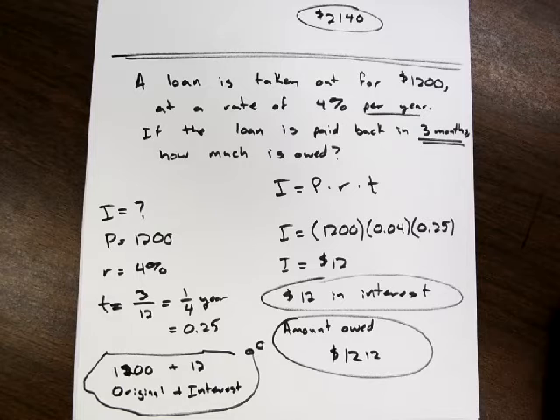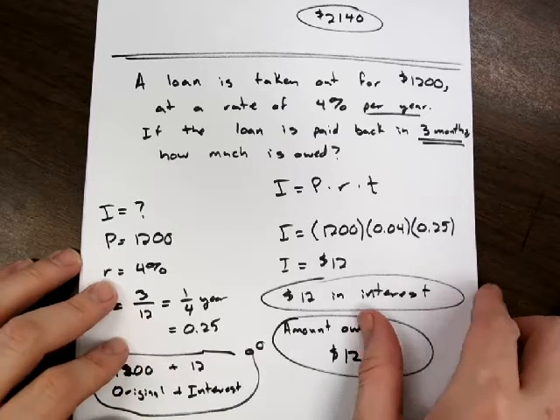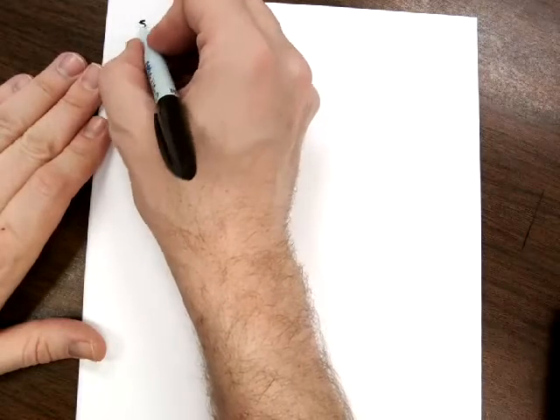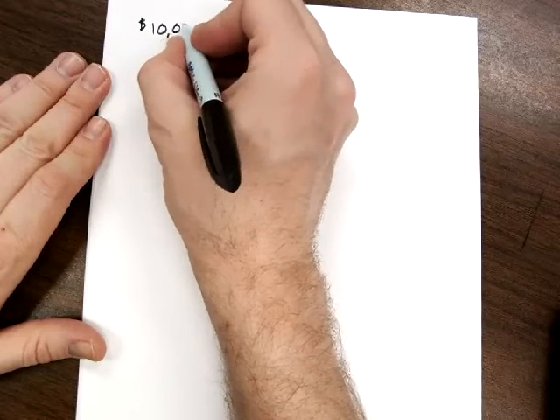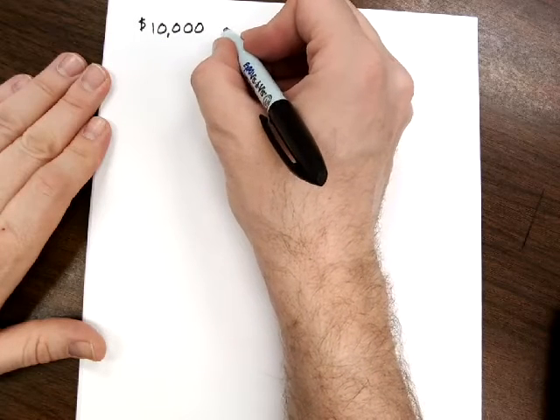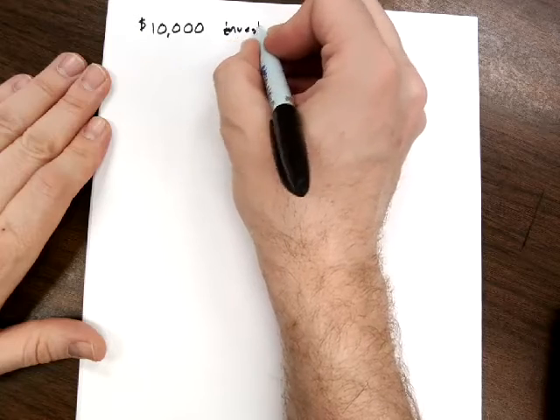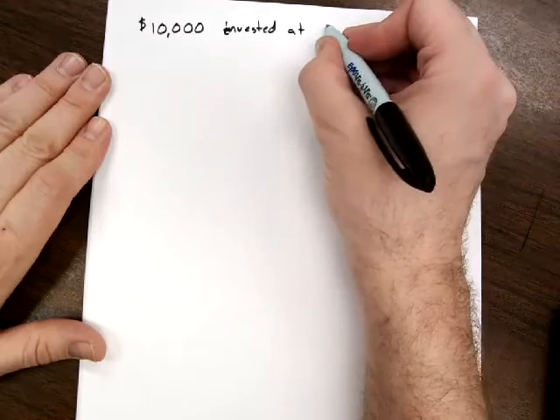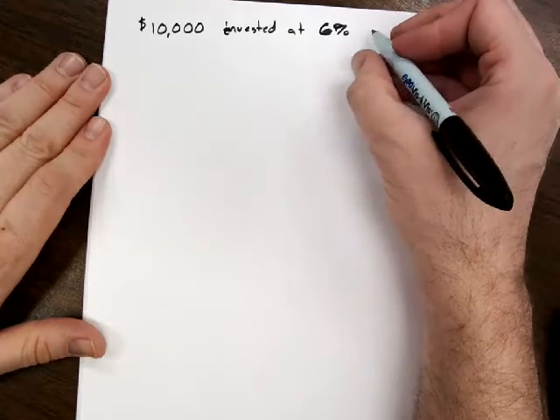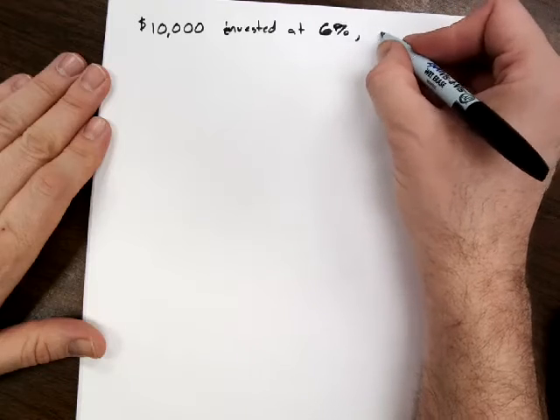Alrighty, let's move on to a slightly more difficult type of question. And I'm going to show you this in two different ways. Let's say that we've got $10,000 invested at 6% per year, but we're going to compound quarterly.